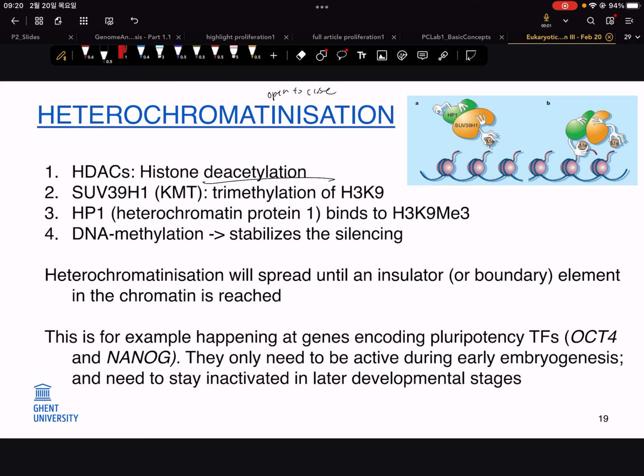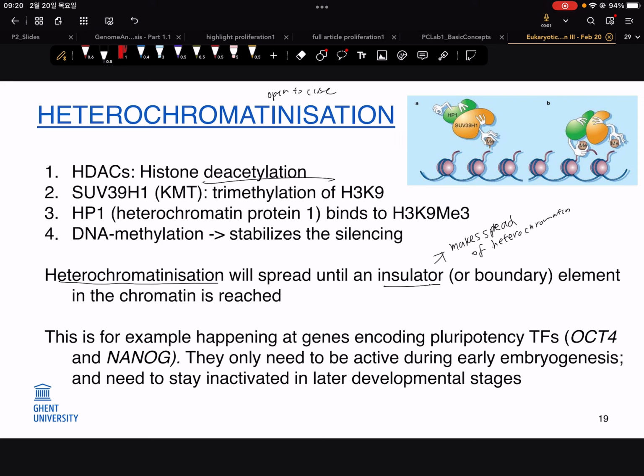And they will continuously do that until they have some kind of stop. And that stop is a so-called insulator or boundary element. So in our genome we have elements that can stop the spread of heterochromatin, which we call insulator or boundary elements.